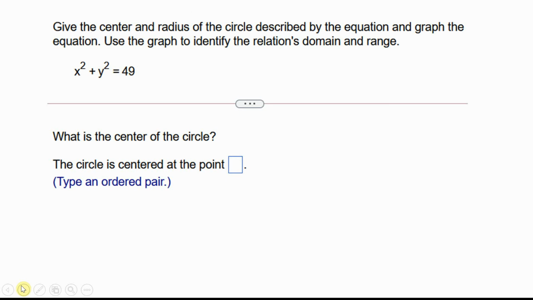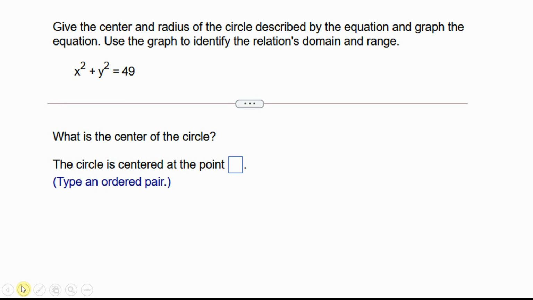Do you see it? Well, what's the radius? Is it 4? The radius is r squared. So what's the radius?